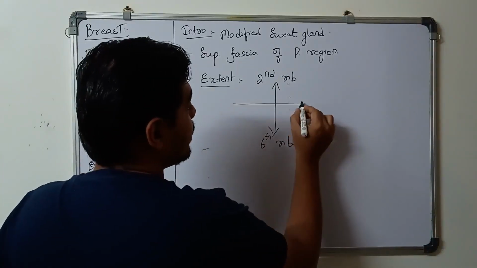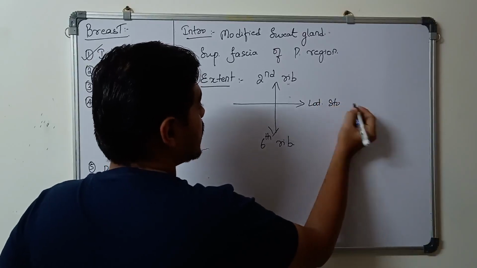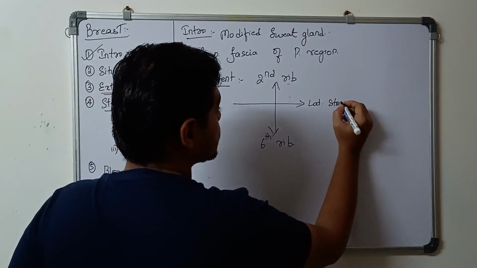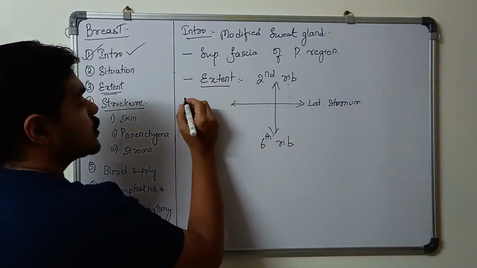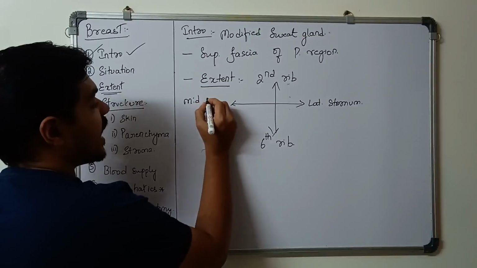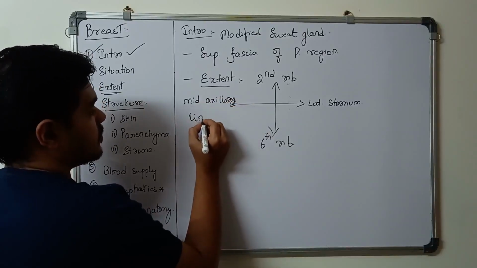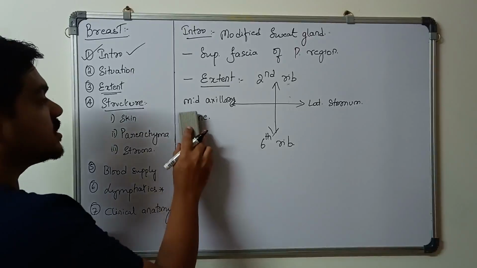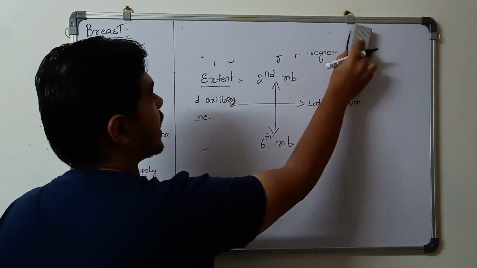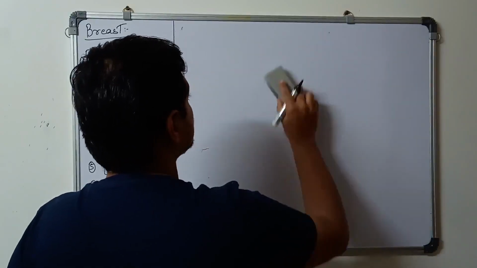Whereas, medially, it starts from the lateral border of sternum, pretty much like the pectoralis major, and laterally, it goes up to the mid-axillary line. So that is about the extent of the breast tissue. Now we will go into the structure, which is the actual gross anatomy and a bit of histology of the breast glandular tissue.